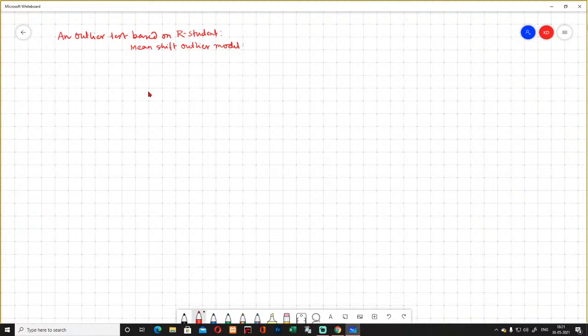So, suppose we have an observation that is an outlier. First I write the model. This is the model: Y equals X beta plus epsilon.